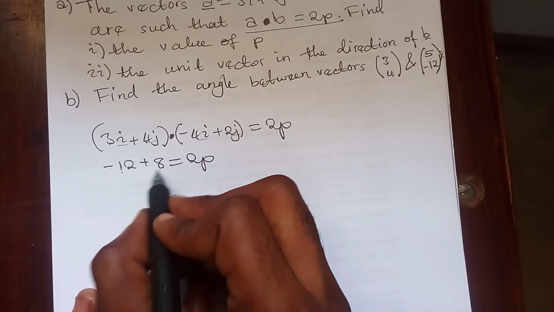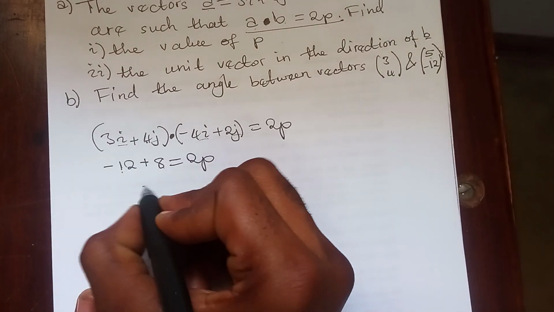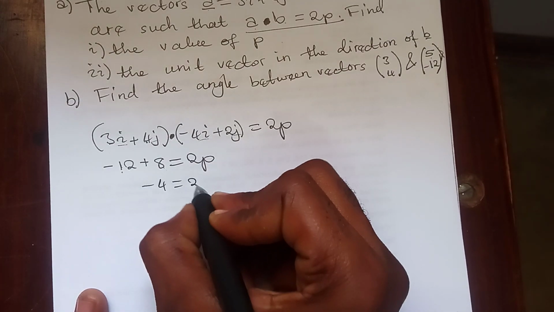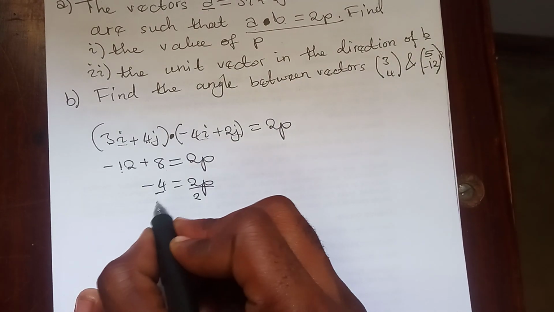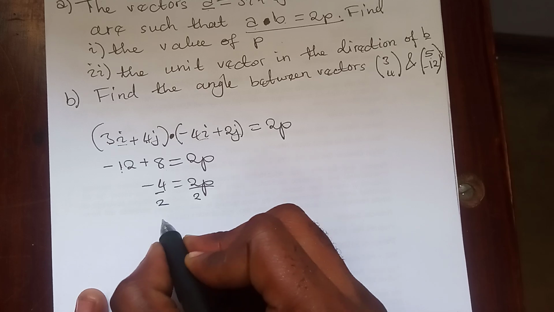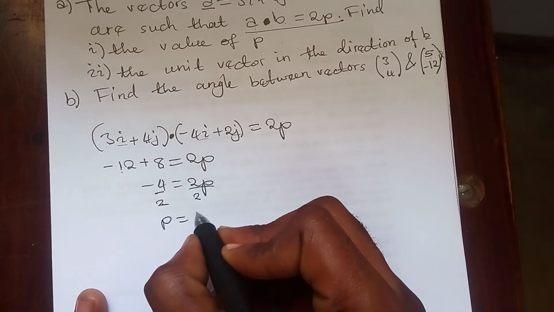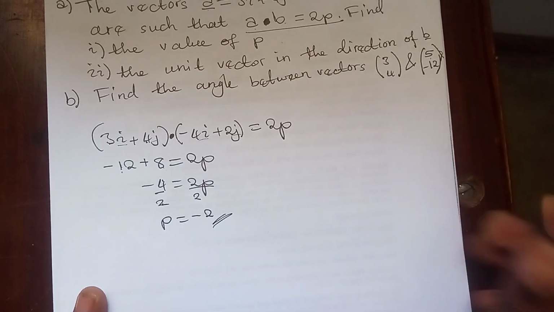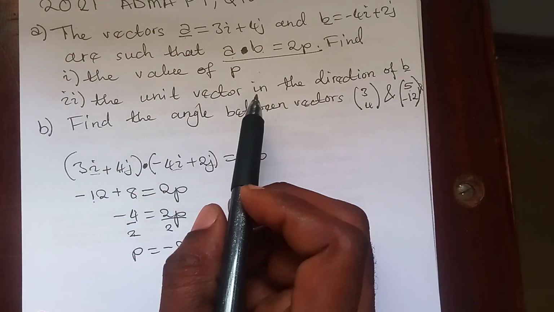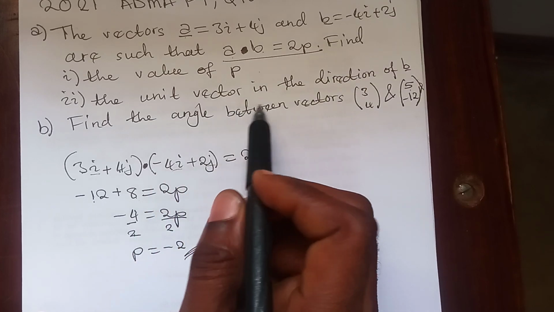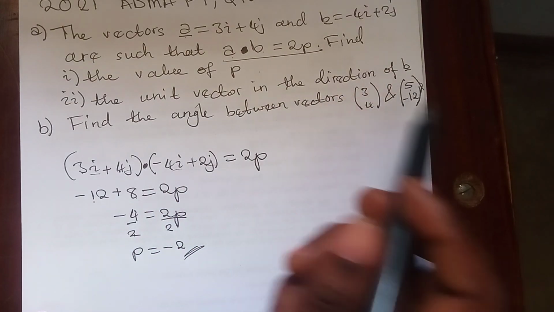When you add these two, you have minus 4, which is equal to 2p. Then you can divide both sides by 2, so that your p is minus 2, and you're done.